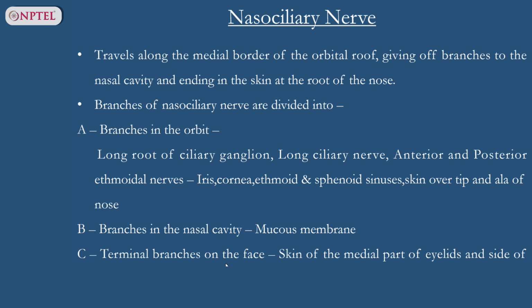The branches in the orbit are the long root of the ciliary ganglion, long ciliary nerve, anterior and posterior ethmoidal nerves, and these nerves supply the iris, cornea, ethmoid and sphenoid sinuses, and the skin over the tip and ala of the nose. The branches given in the nasal cavity supply the mucous membrane of the nose, and the terminal branches on the face provide sensory supply to the skin of the medial part of the eyelid and side of the nose.